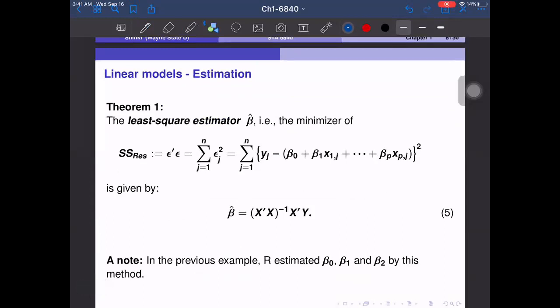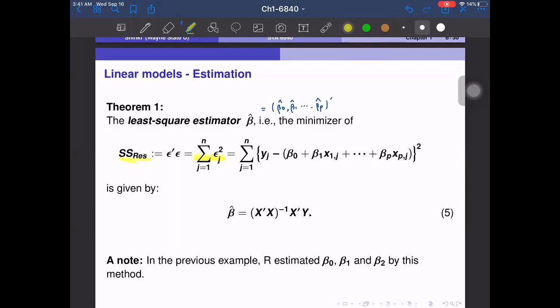For the general case, if we have p predictors, the least square estimator is beta hat. Remember that beta hat is beta naught hat, beta 1 hat, and so on. We have p plus 1 terms, and transpose. This is defined by the minimizer of the SS residual, which is defined by the summation of epsilon j squared.